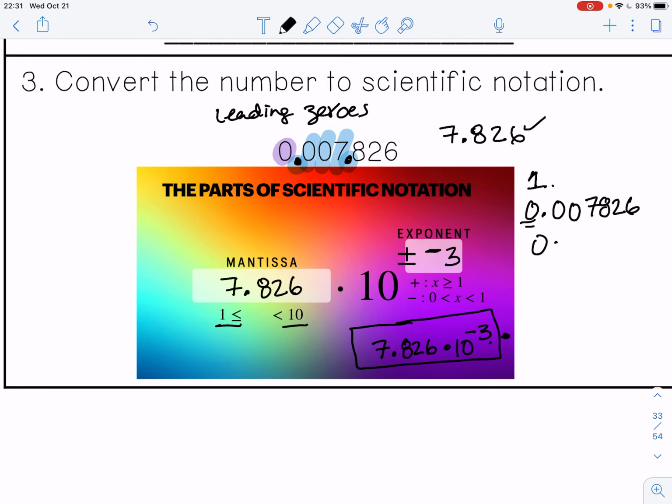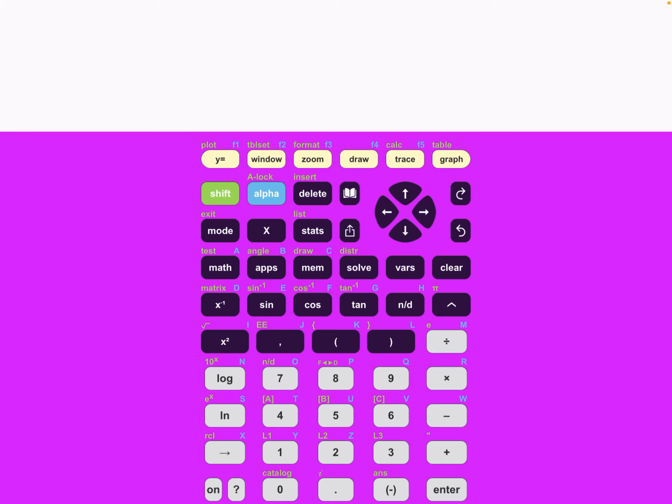So 7.826, and then times 10, and then remember our caret button gives us our exponent, so we said to the negative 3rd power, and let's see what that gives us. Okay, so that gets us back to our original number, so that's good. That means we did it right.